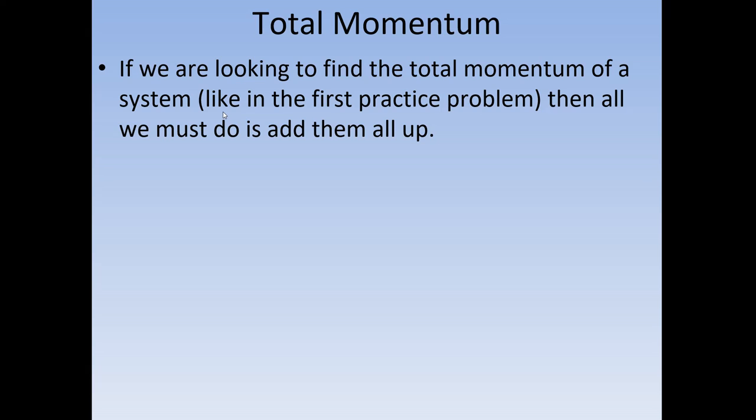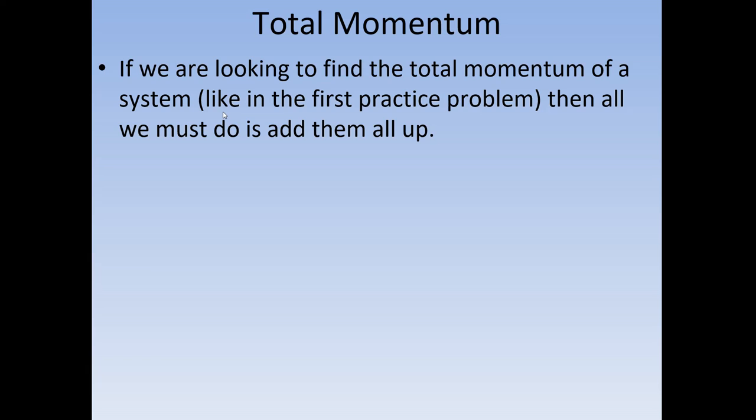Now, one thing I didn't mention that's going to be really important later on is the fact that a lot of times, if we're looking at a system of objects, multiple cars like in the first question, or let's say a bunch of molecules inside of a glass container, sometimes it's not useful just to talk about one object's momentum, but the total momentum of the entire system.